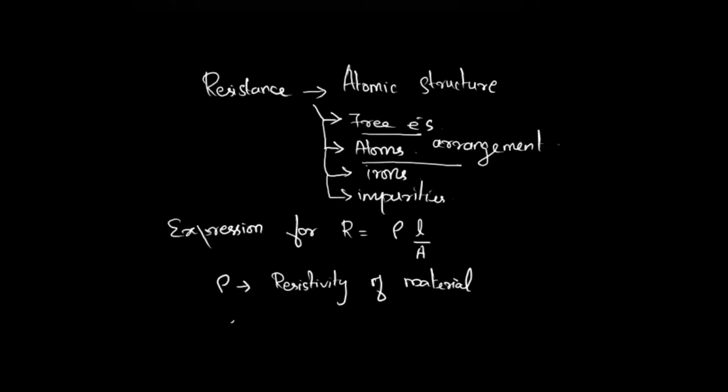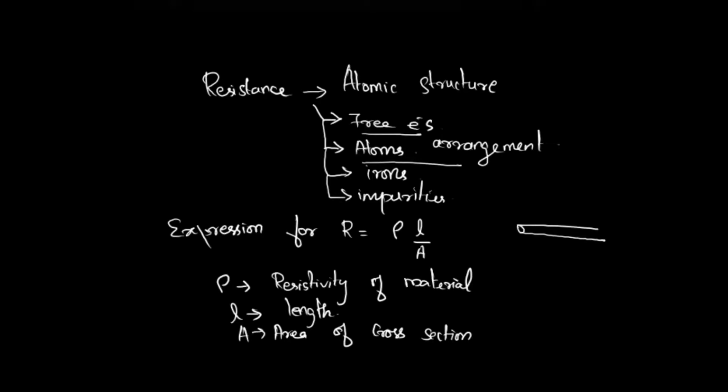Next we have length L, that is the length of the material, and A is the area of cross section. That is, if we are considering a copper wire of length L and area of cross section A, the area of cross section is given by the formula pi r square, which is also equal to pi d square by 4.